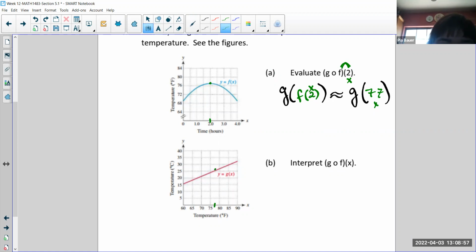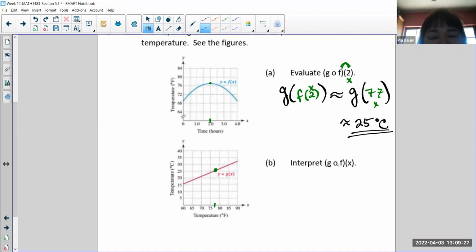So when I look at the Y value, it looks like it's about a 25. And that gives you that this is 25 degrees Celsius. So this is saying that after 2 hours, the temperature is 77 degrees Fahrenheit and is 25 degrees Celsius.